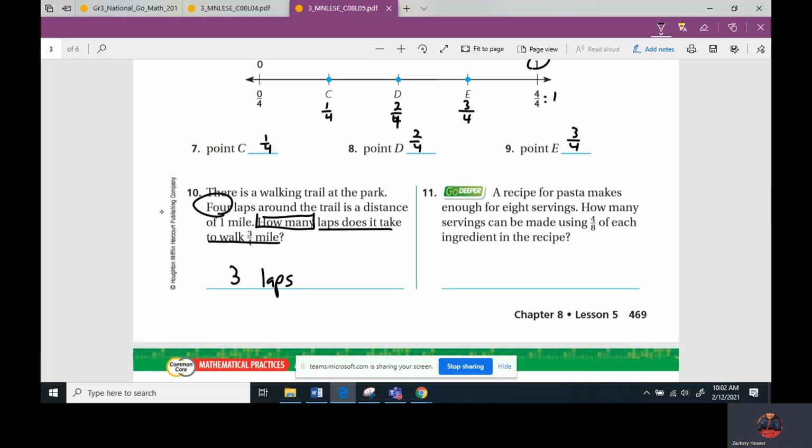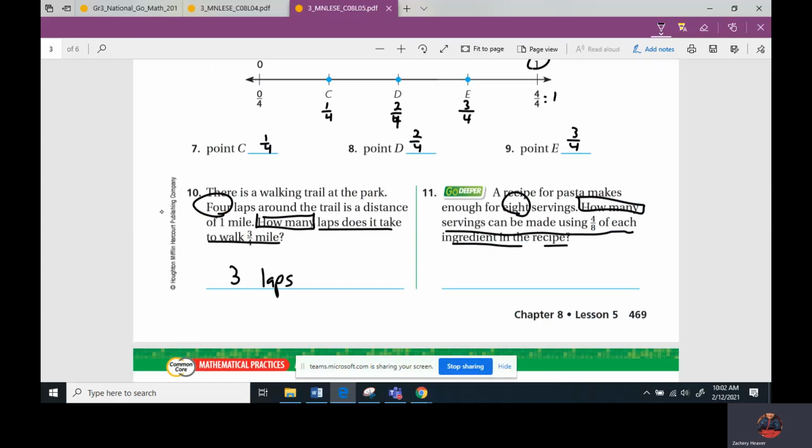A recipe for pasta makes enough for 8 servings. How many servings can be made by using 4/8 of each ingredient to make the recipe? Okay, so the recipe of pasta makes enough for 8 servings. So you got to use all 8 to make 8 servings.